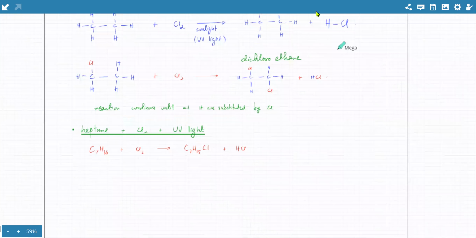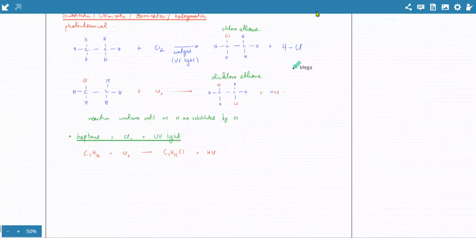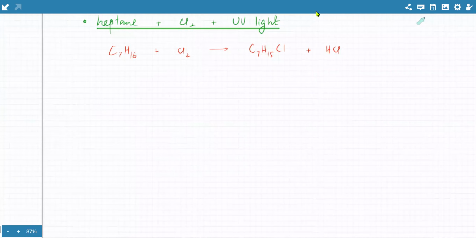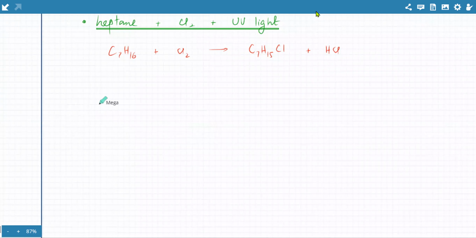Okay? So chloroethanes, or if it's with bromine, like if I do this reaction with methane, let me write another reaction. So I have methane and I'm reacting it with bromine.